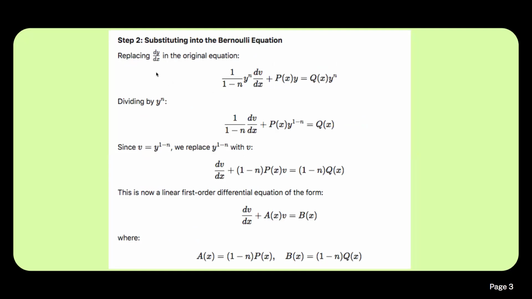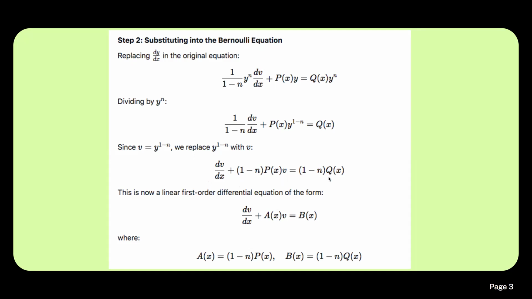Then in the original equation, dy/dx becomes dv/dx. We divide by y^n, and we can get this form. Since v equals y to the power of 1 minus n, we can replace y fully with v.